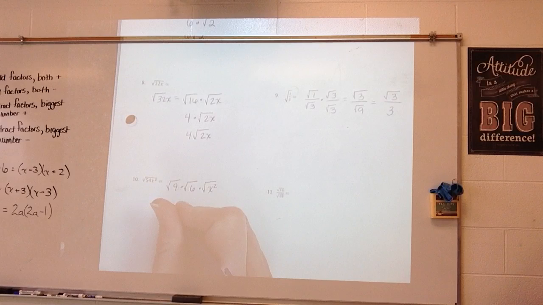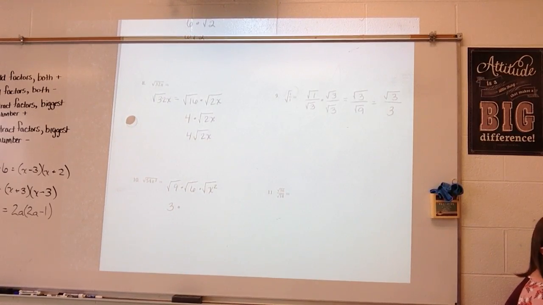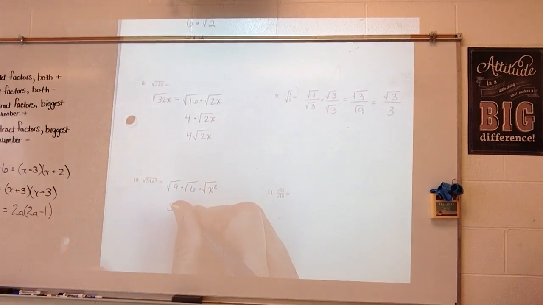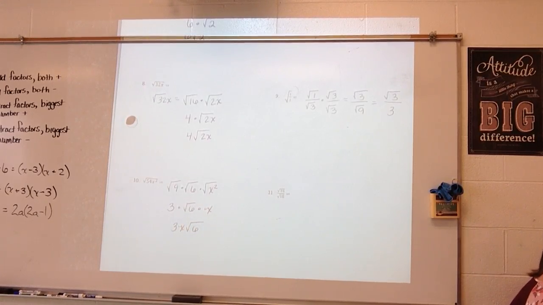The square root of 9 is 3. The square root of 6, guys, 2 and 3 are the only 2 numbers I can break this into. Neither one of those are perfect squares, so I'm just going to leave the square root of 6 the same. And the square root of x squared is x. So my answer is 3x times the square root of 6.